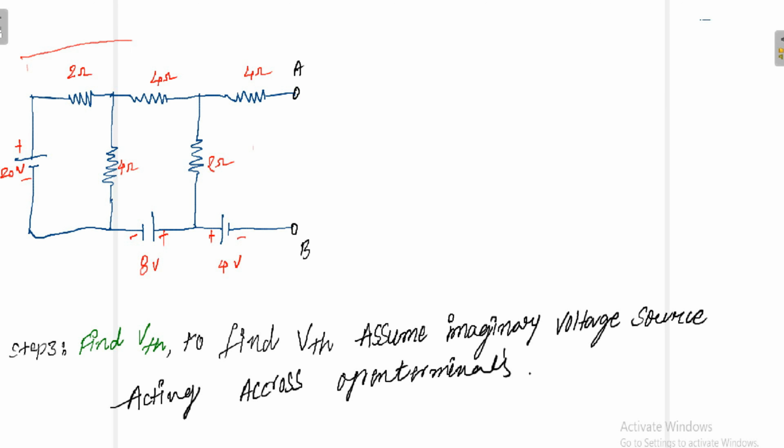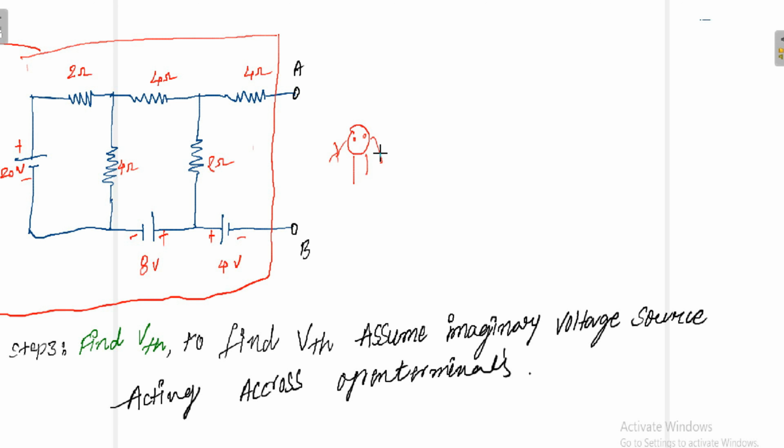For example, if I enclose the remaining circuit in a box and observe it from this section, what can I see? Only these 2 terminals.